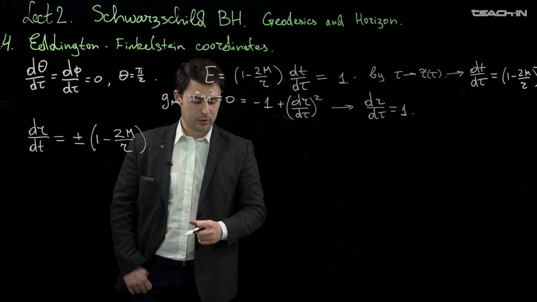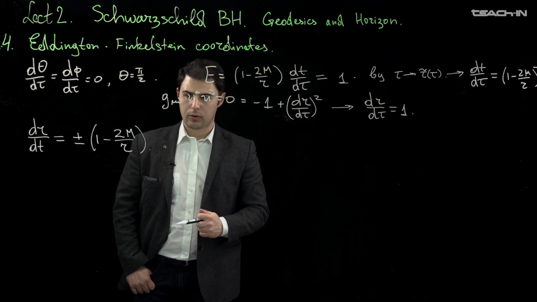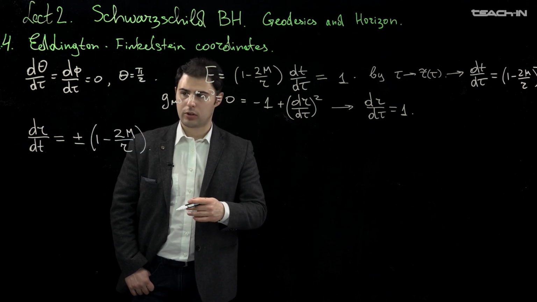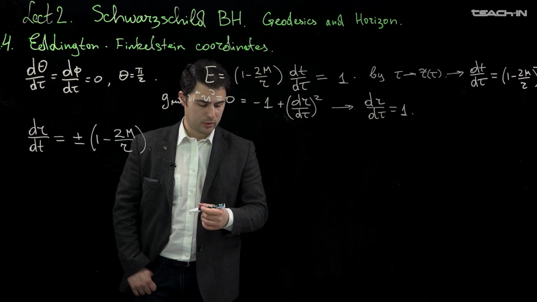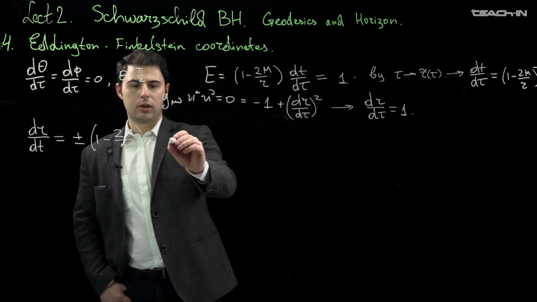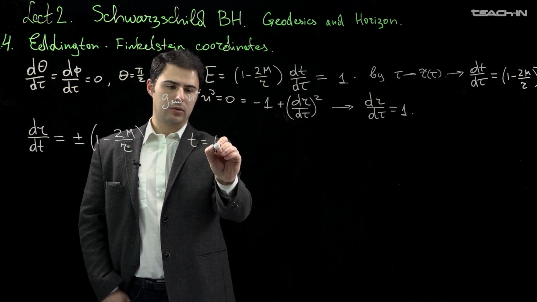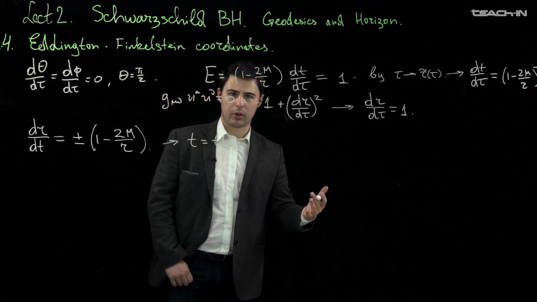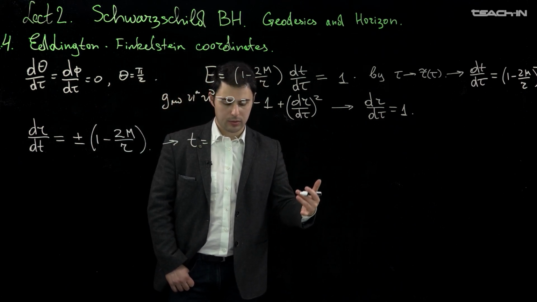The right hand side turns to 0 at the horizon, and therefore, if we treat it as t equals t of r, the time diverges logarithmically there.